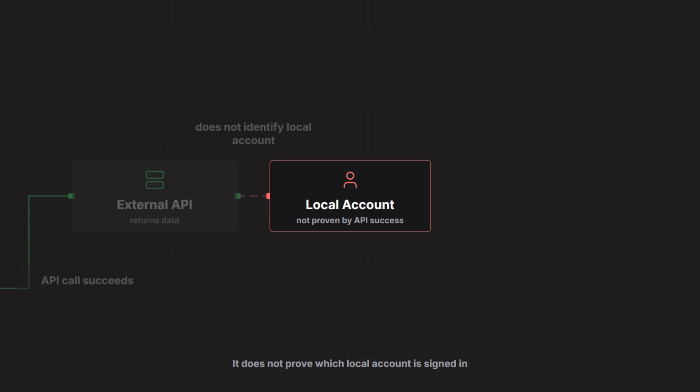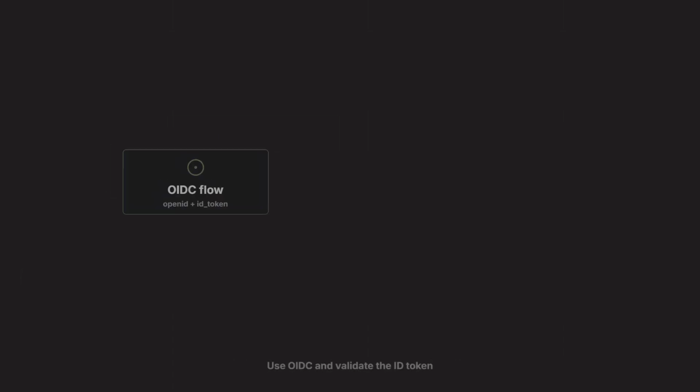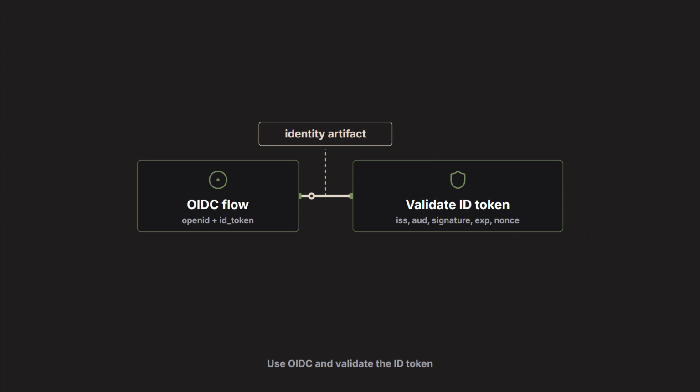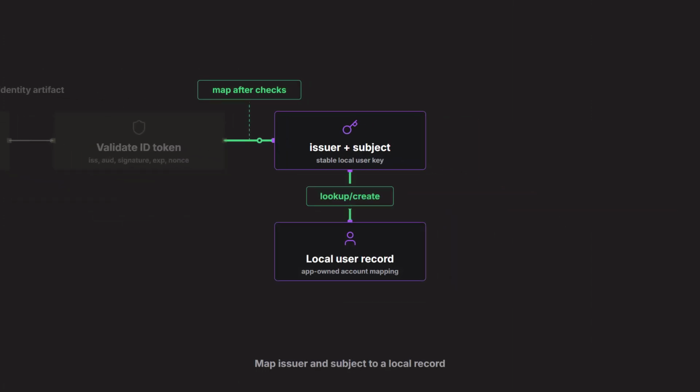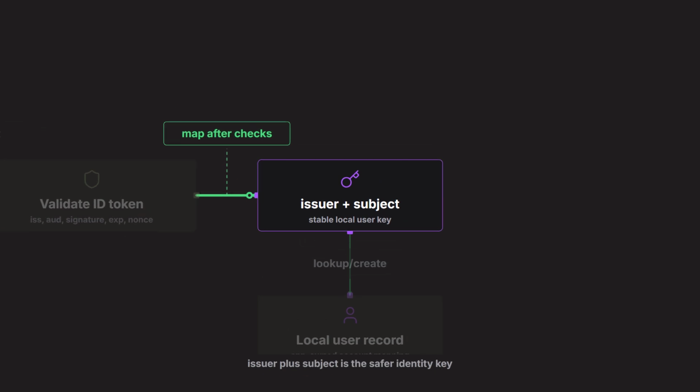It does not automatically prove which local account should be signed in to your app. If you need to sign the person in, use OIDC and validate the ID token. Then map the issuer and subject to a local user record. A safer identity mapping is usually the combination of issuer and subject.